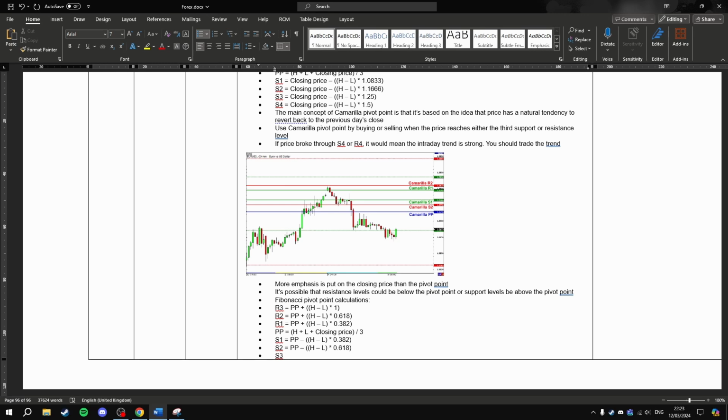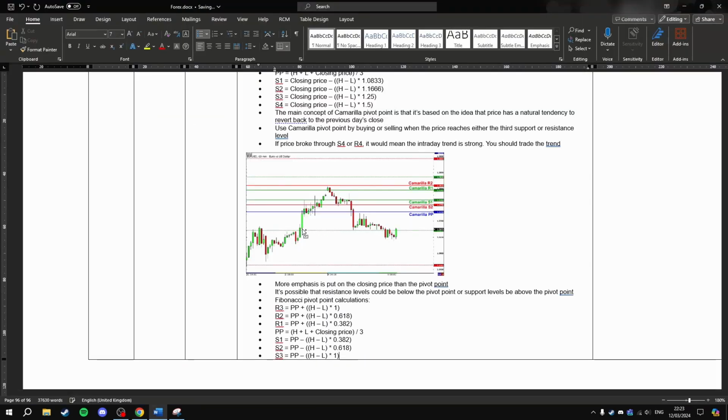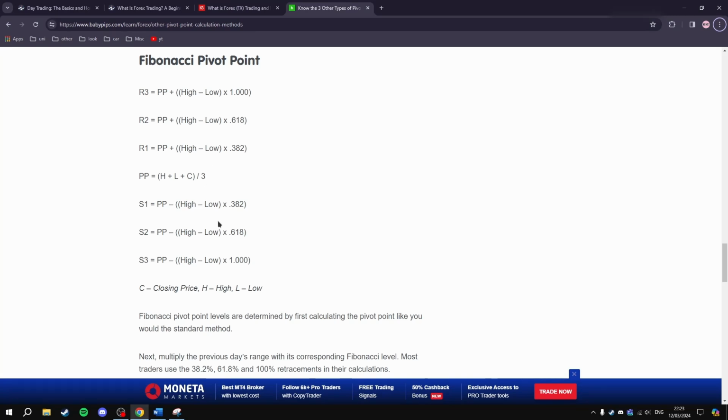S3 is equal to PP minus high minus low times by 1. Yep, that looks right. High minus low, high minus low.